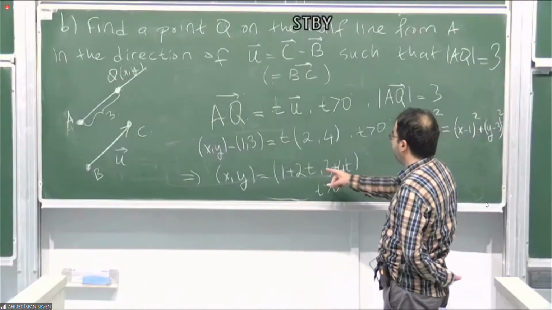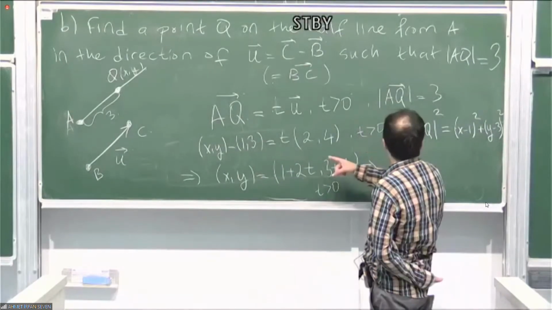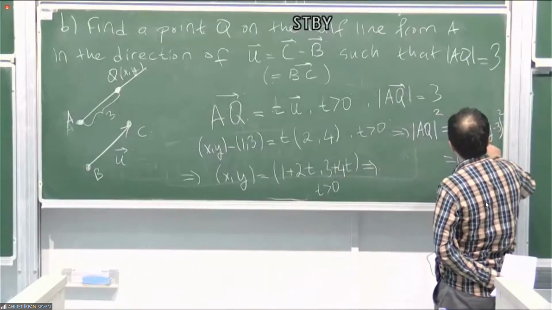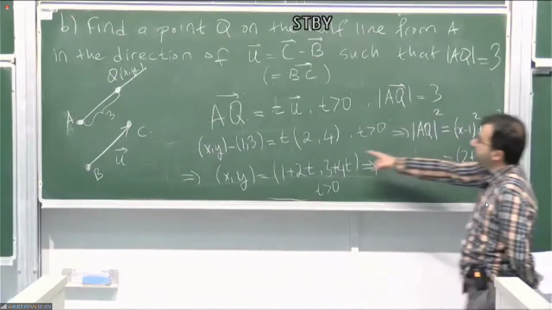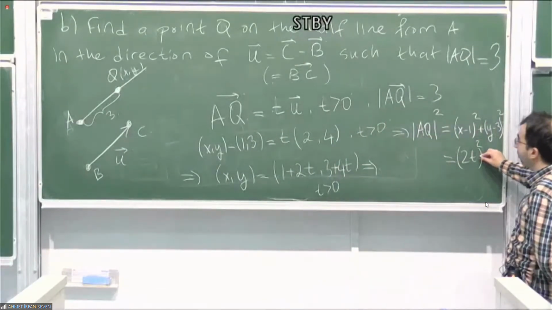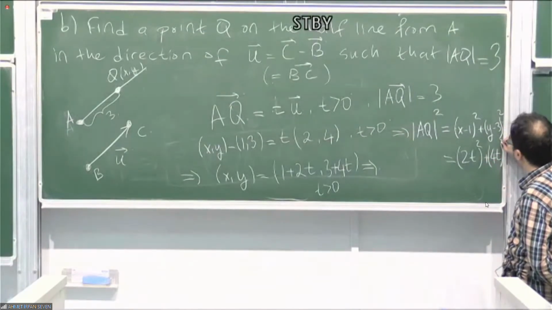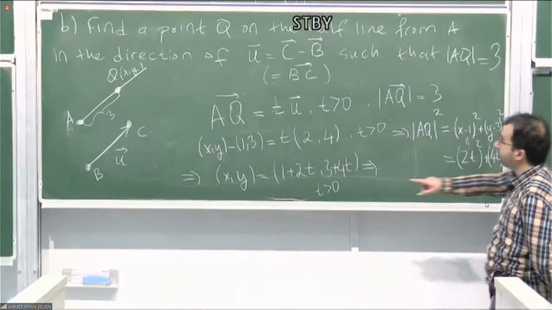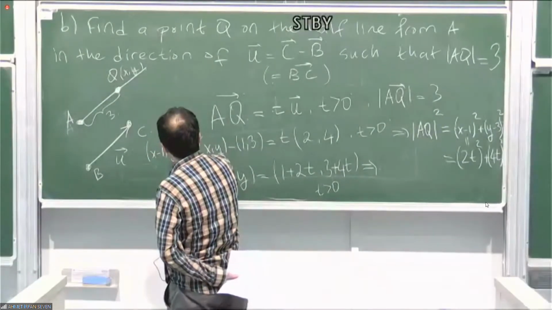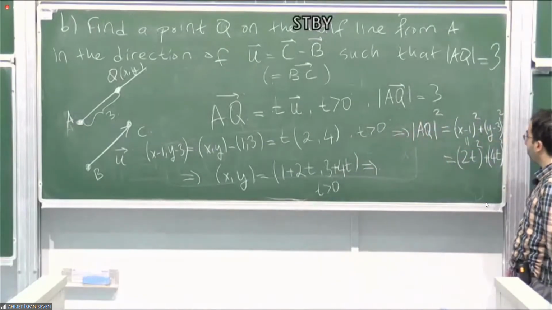By the way, you see that from here, what is x minus 1 and what is y minus 3? x minus 1 is 2t, and y minus 3 is 4t. So it will be the square of 2t plus the square of 4t, because (x minus 1, y minus 3) is equal to t times (2, 4).